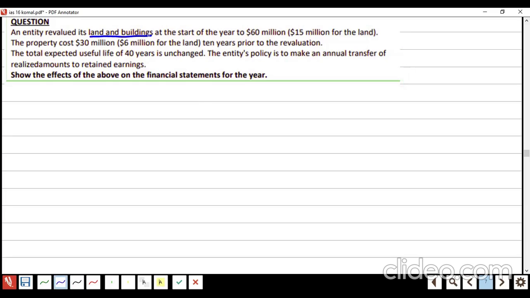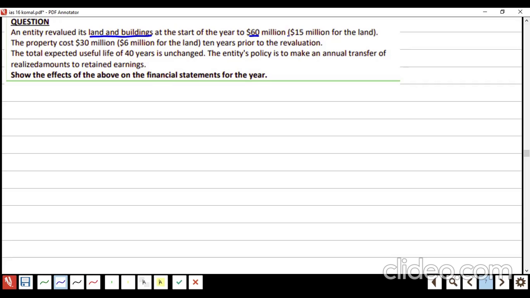We know land can never be depreciated, but the building, yes. Start here: 60 million is the total worth of the property. Any problem? No. 15 million for the land. Okay, fine.